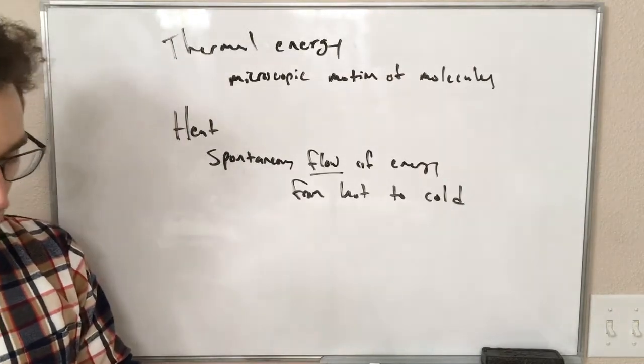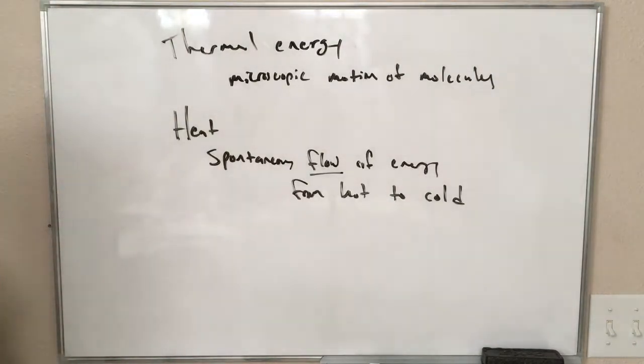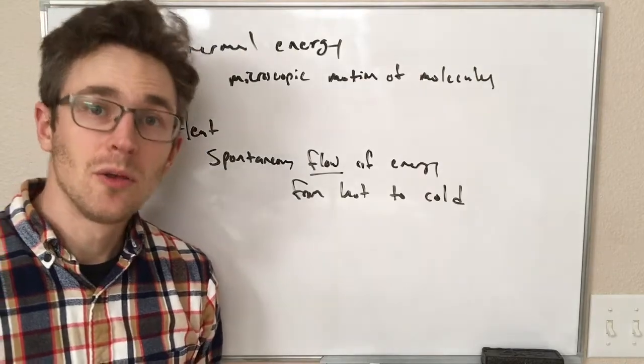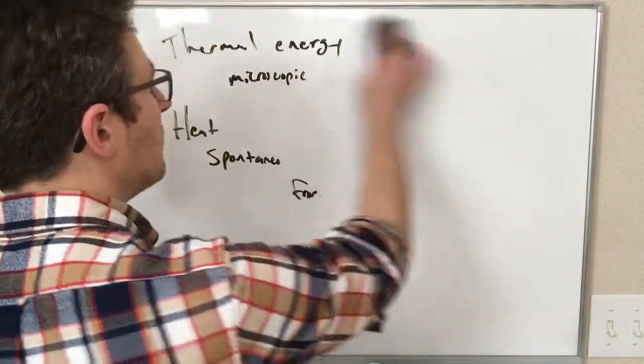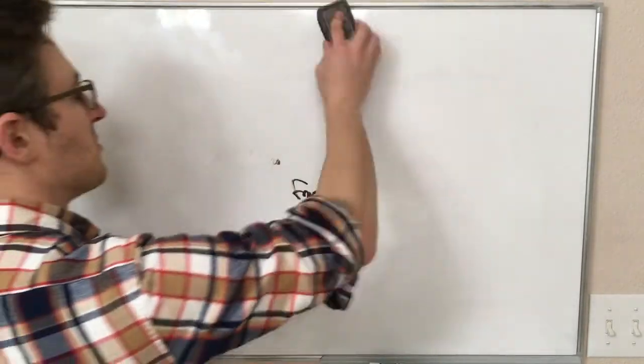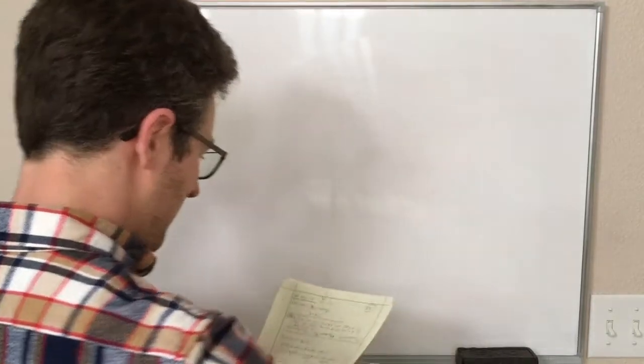Anyway, that's just a little distinction. When we're talking about heat, we are always talking about energy moving between two systems, or within, from one part of the system to another, I suppose, is also allowed, but movement of energy.